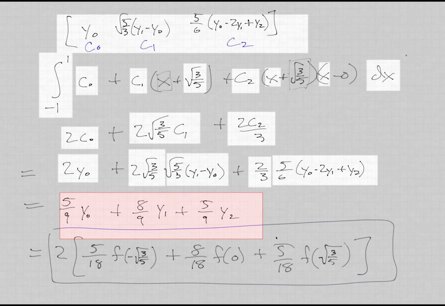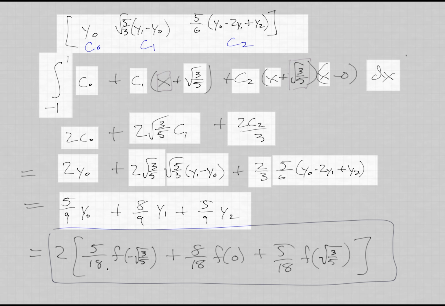If you just add up like terms, the y0, the y1, and the y2, you get this. And so this simple expression, pretty simple, right? 5/9 times y0 plus 8/9 times y1 plus 5/9 times y2. This will give you the correct value of the integral for any polynomial up to degree 3, as long as you take the y values at those 3 specified sample points.